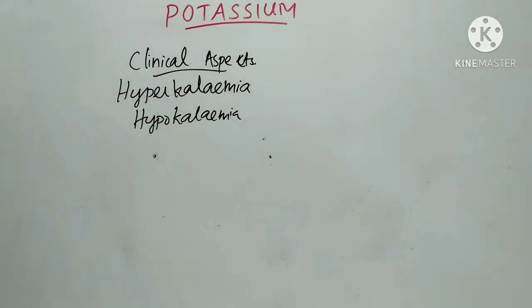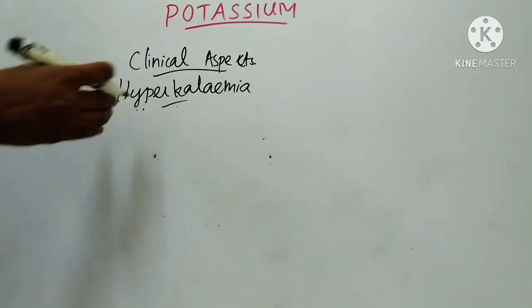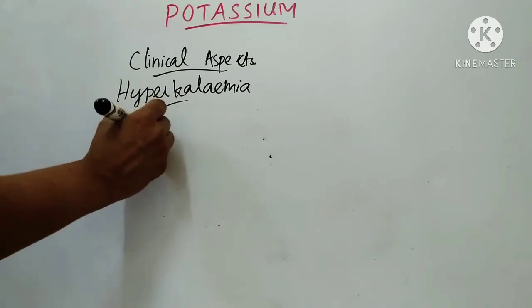First we will see hyperkalemia. It is a high serum concentration of potassium. In clinical practice, hyperkalemia is due to many reasons. That is, kidney failure with decreased excretion of potassium.